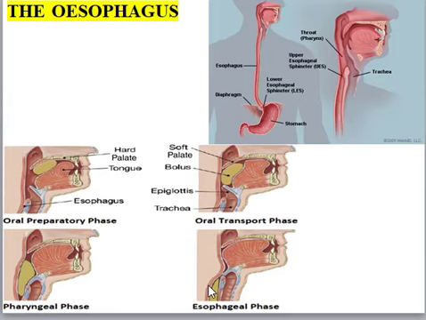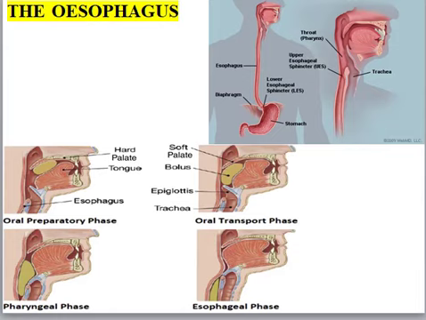In the esophageal phase, we reverse the three steps that occurred in the pharyngeal phase. In this step, respiration returns, the larynx descends, and the food passes in the esophagus to the stomach.